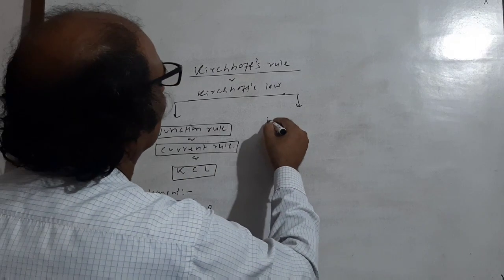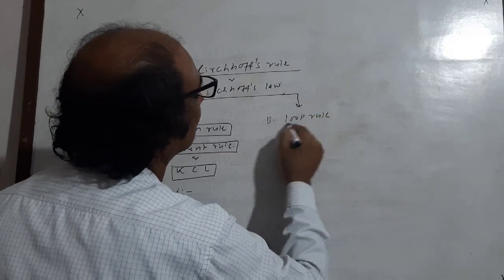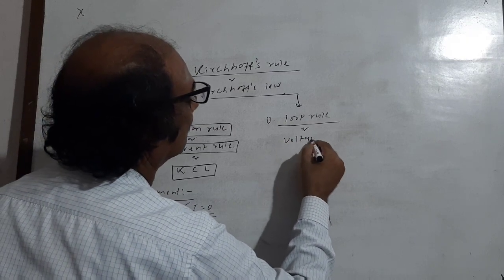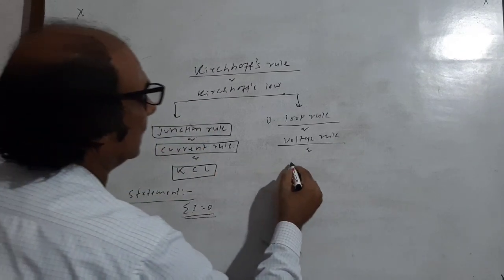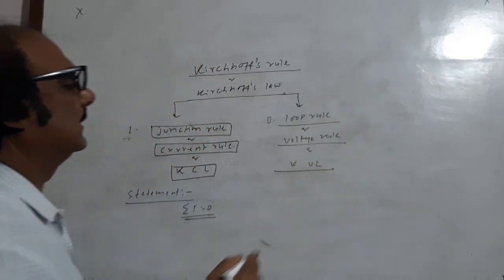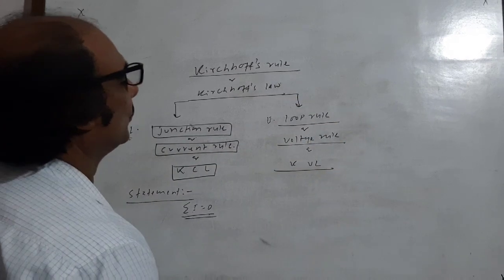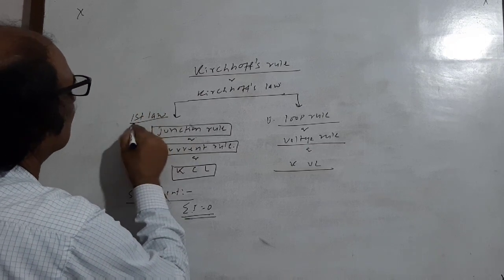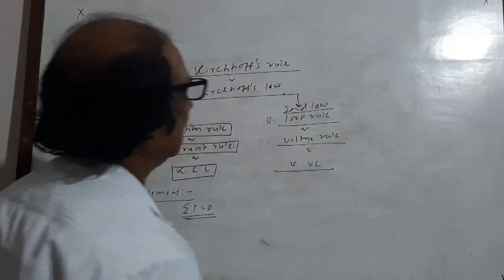And similarly, the second rule is the loop rule or voltage rule or KVL. So these are the different representations of the second law, the loop rule. This one is the first law and this one is the second law.